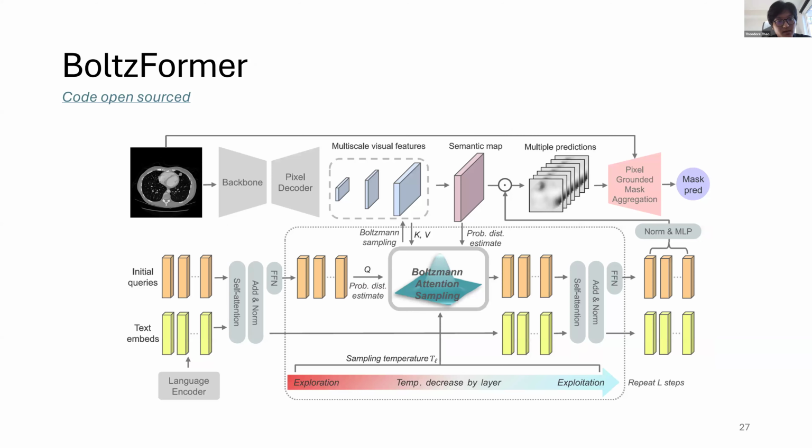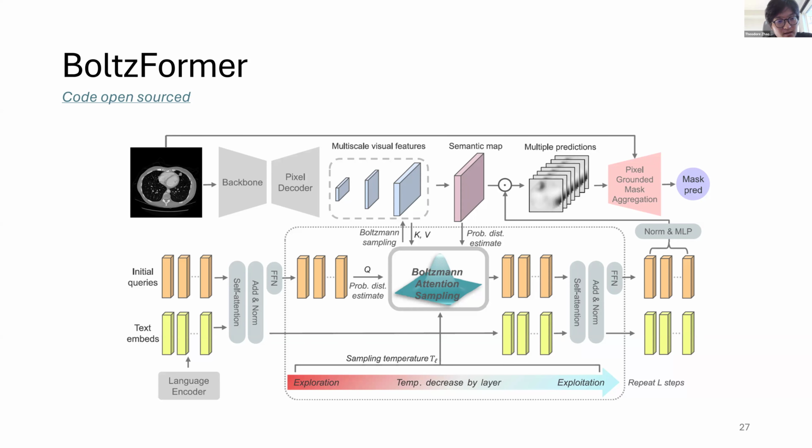Putting this attention sampling mechanism in the whole model architecture gives us the so-called Boltzmann model. We input the image to get some multi-scale visual features, and these visual features are fed to a transformer decoder to generate the segmentation mask.